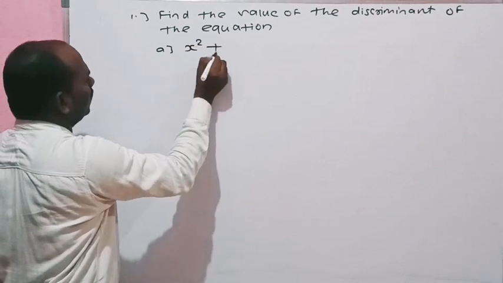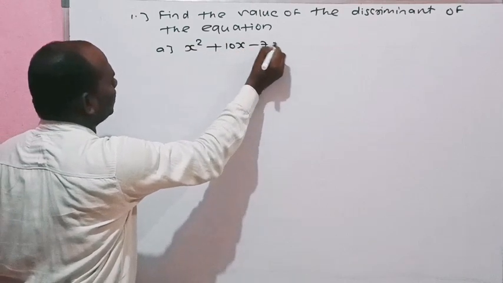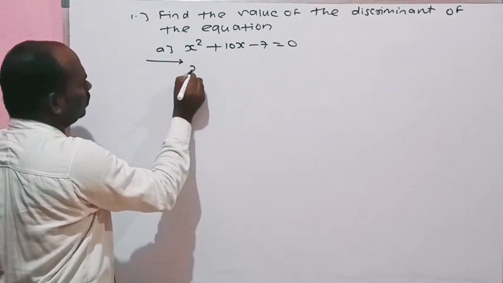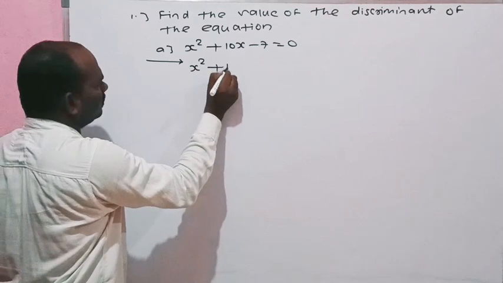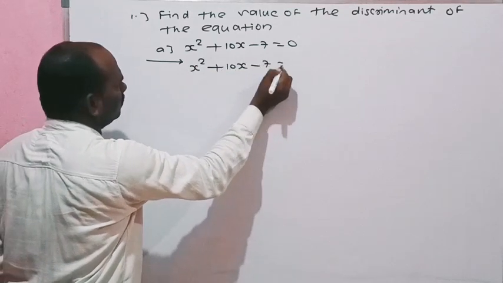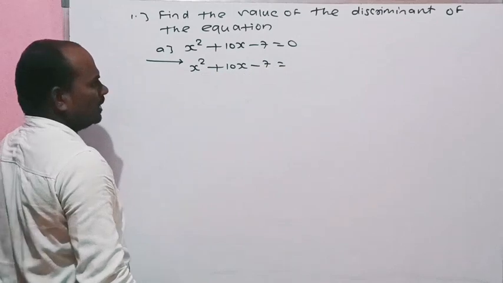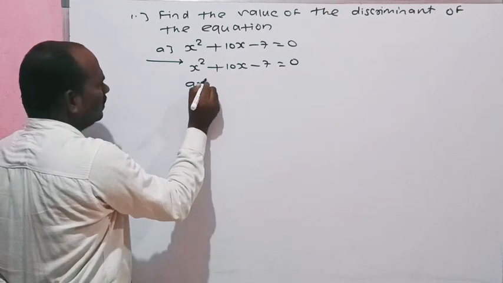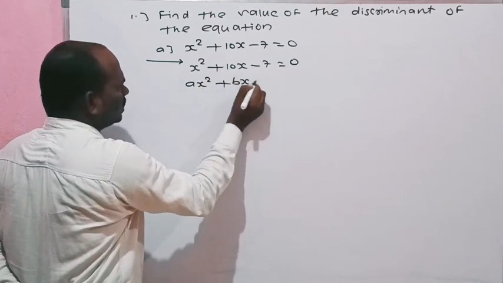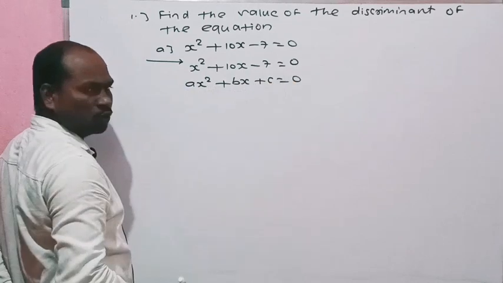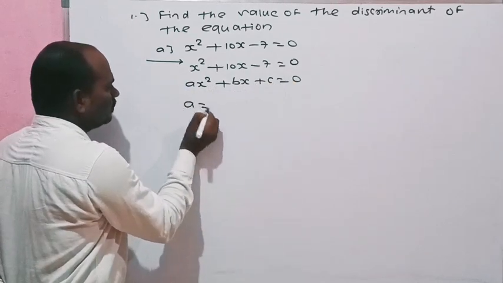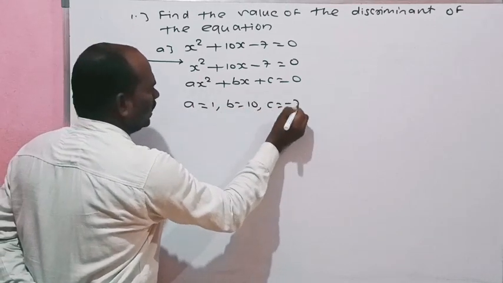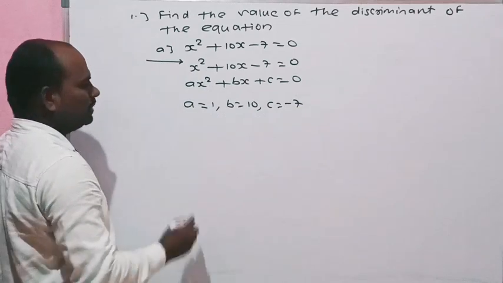That is x square plus 10x minus 7 equal to 0. Now we can equate with ax square plus bx plus c equal to 0. Now a equal to 1, b equal to 10 and c equal to minus 7.